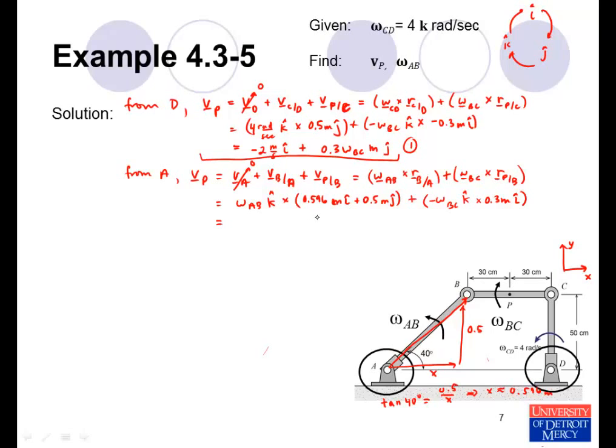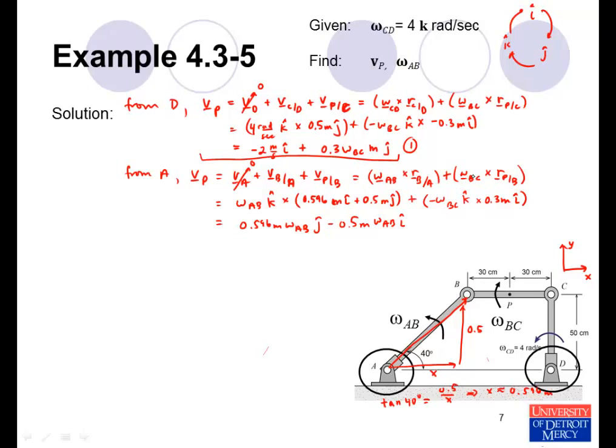We have omega AB times 0.596. We have k cross i, which results in a positive j. We have omega AB times 0.5. k cross j is in the negative i.